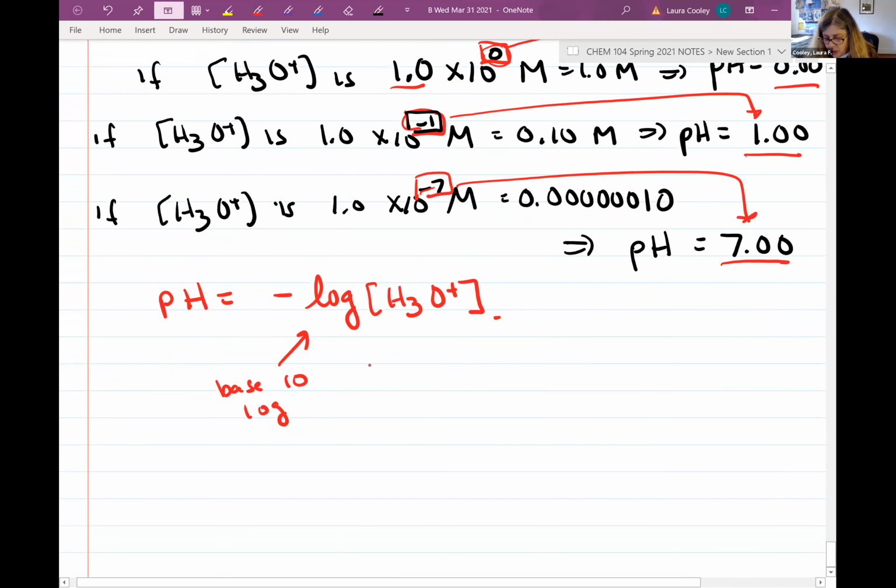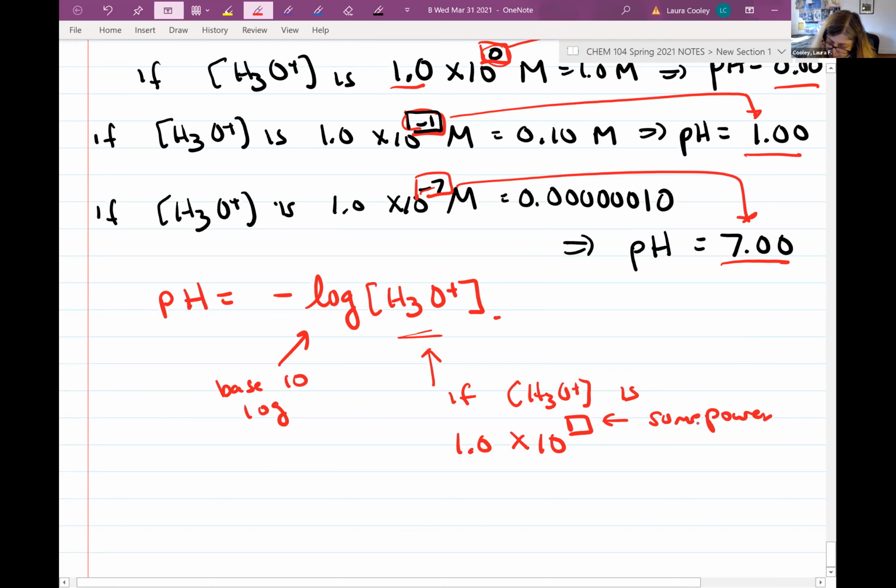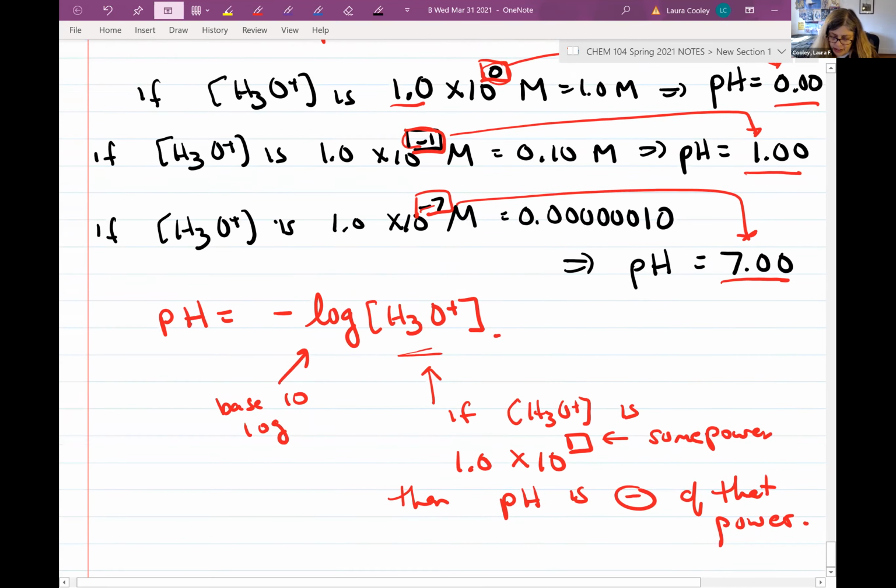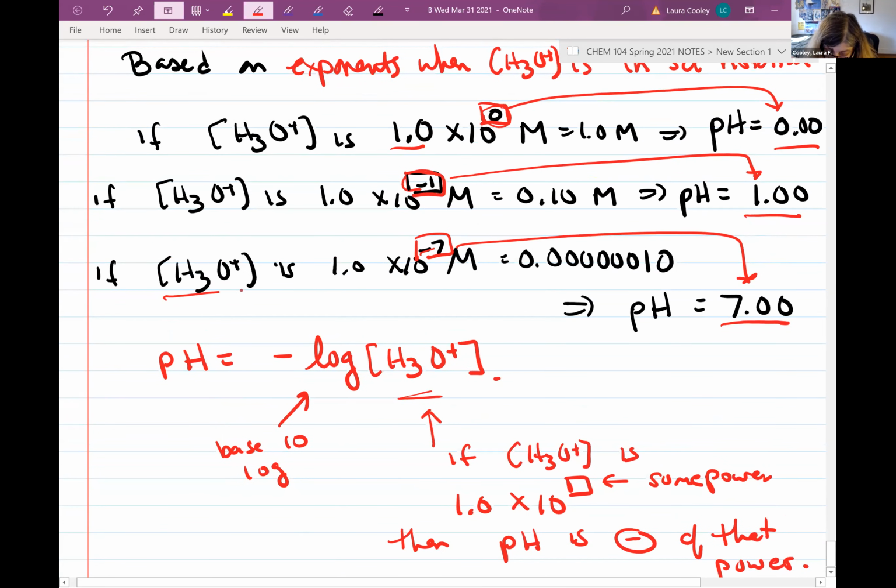Okay, so if you write your H3O plus concentration, if this concentration is 1 times 10 to the something, some power, then the pH is the negative of that power. Just like I showed you here. If the H3O plus is 1 times 10 to the negative 7, the pH is 7. If it's 1 times 10 to the minus 1, the pH is 1.